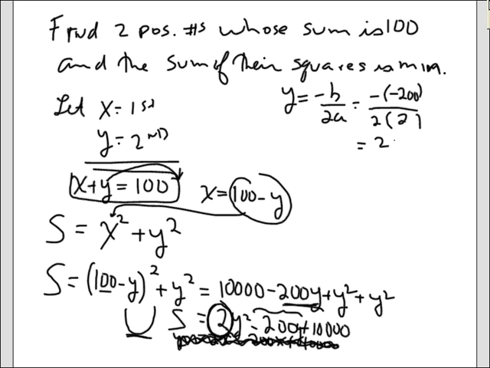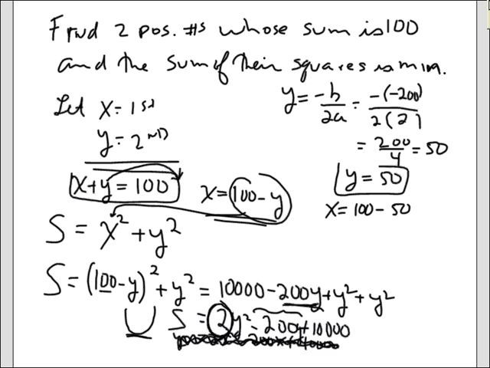So you have positive 200 over 4, which is 50. Y is 50. X is 100 minus y, for y is 50, the x is 50, and the sum is 100.